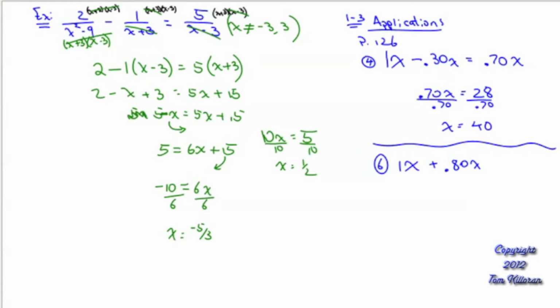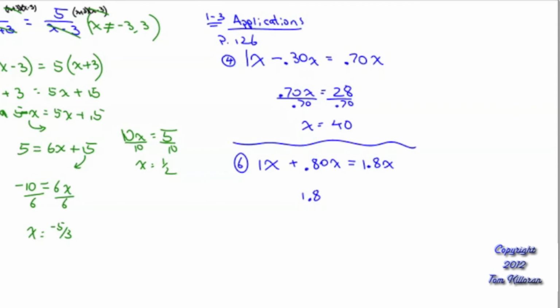This is going to equal 1.8x. Now, this 1.8x is going to equal 252. How do I solve for x? Divide both sides by 1.8, and you get x is equal to 252 divided by 1.8 equals 140.